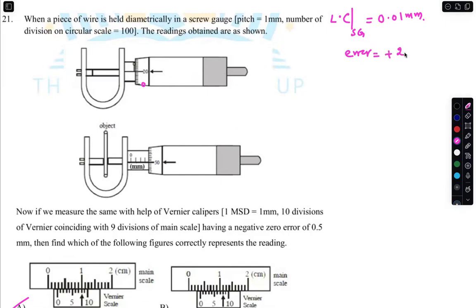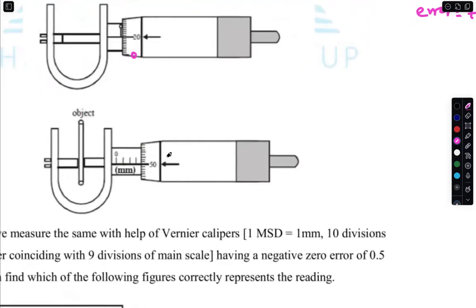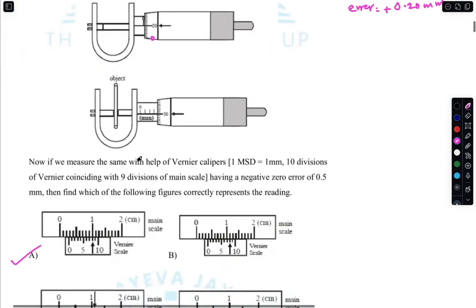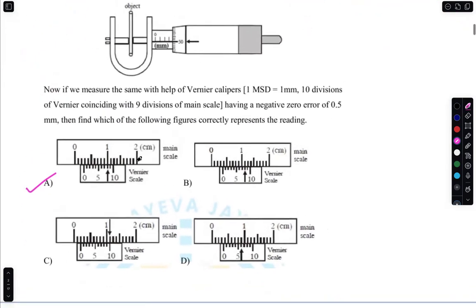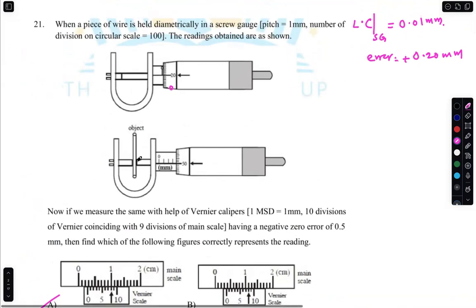Error is equal to plus 20 times the least count, plus 0.20 mm. Pitch is 1, each division is 1 here: 1, 2, 3. The value that you can see here is 3.